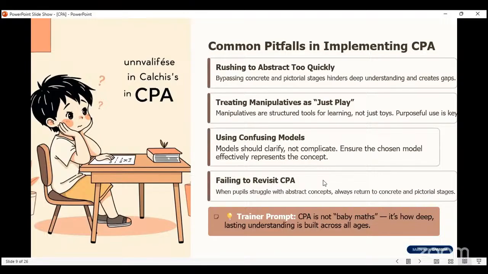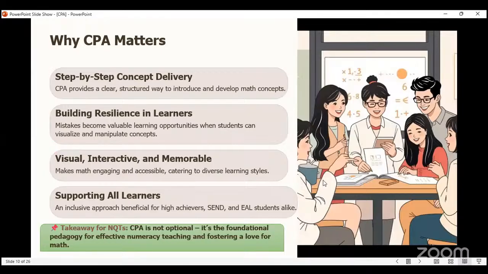CPA is not baby maths. It's how deep and lasting understanding is built across all ages. So why does CPA matter? Number one, step-by-step concept delivery. It helps show the children the flow, the gradual increase in which their learning grows.